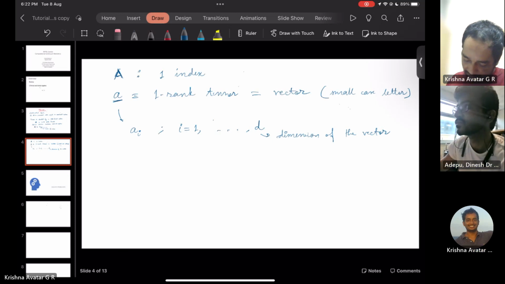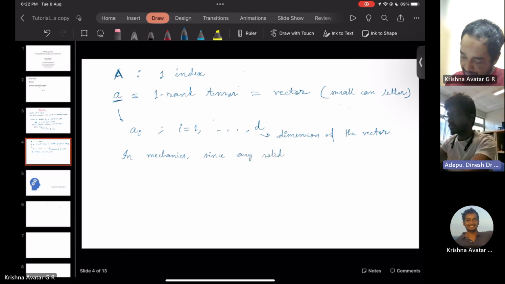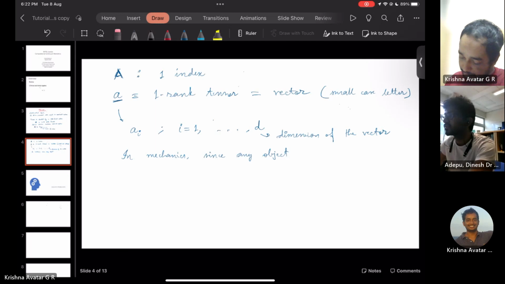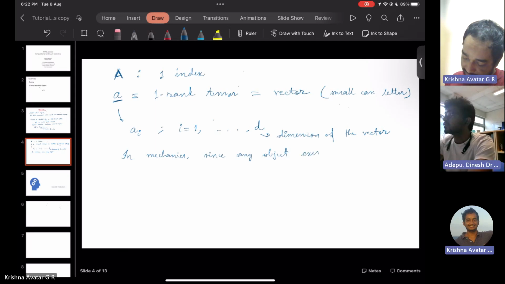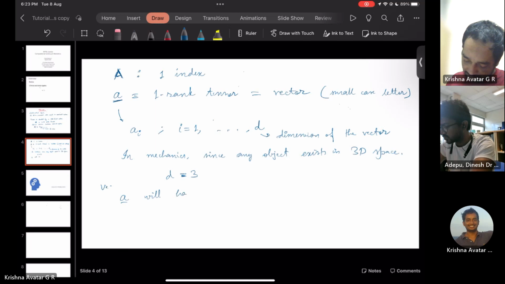In general, in mechanics, any solid object, or any object per se, exists in three-dimensional space, so d takes a value of 3, such that any vector a will just have three components.